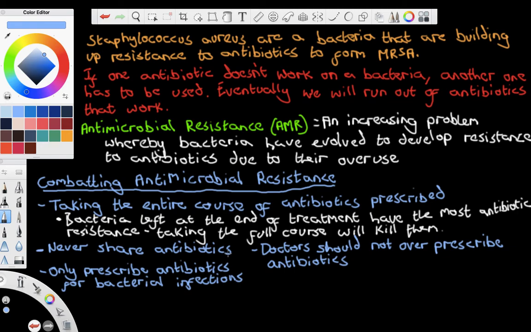We should reduce the amount of antibiotics used in farming. Now, essentially, when you farm animals in a battery farm, the cages are kept very close together, and if one chicken or one cow or one sheep gets ill, 9 times out of 10 it's passed to the ones next to them. As a result, farmers give their livestock antibiotics to ensure that they don't get ill.